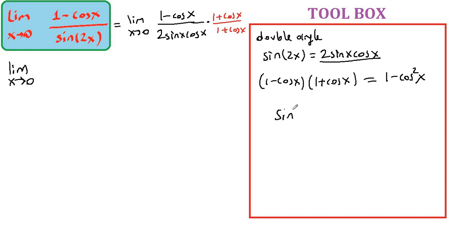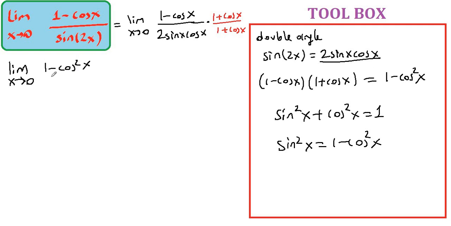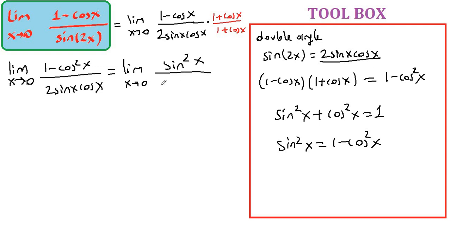Using the Pythagorean identity, 1 minus cosine squared of x is equal to sine squared of x. So we can replace that with sine squared of x. Our denominator is the same.